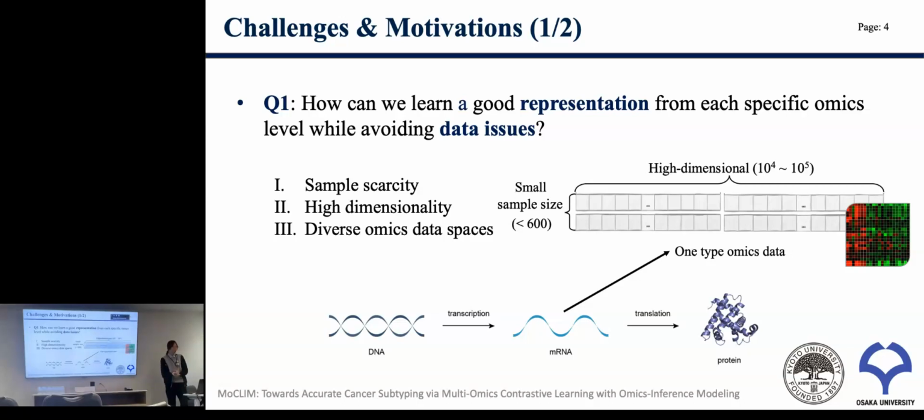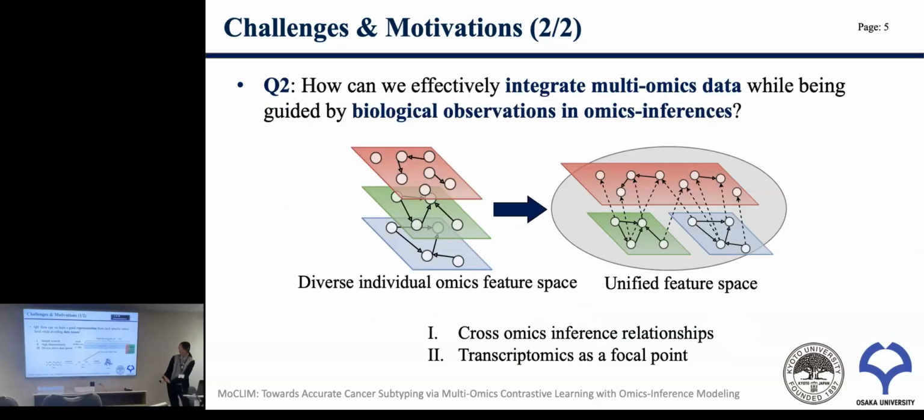Cancer omics data usually have a small sample size, and each sample has high feature dimensions. As we can see in these figures, there are DNA layers, microRNA layers, and maybe protein layers, and each of them consists of different information for a sample.